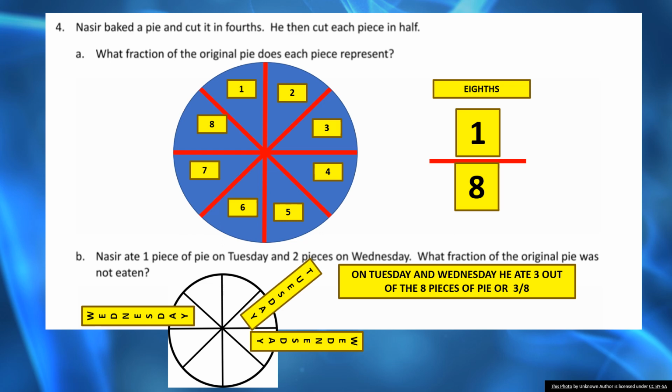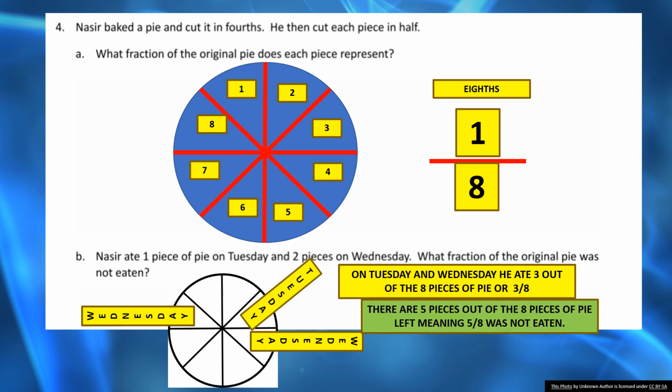Now the question asked what was not eaten. So what didn't he eat? Well, there are 5 pieces out of the 8 pieces of pie left, meaning 5/8 was not eaten. So you may want to go ahead and pause your video now so that you can write this information down.